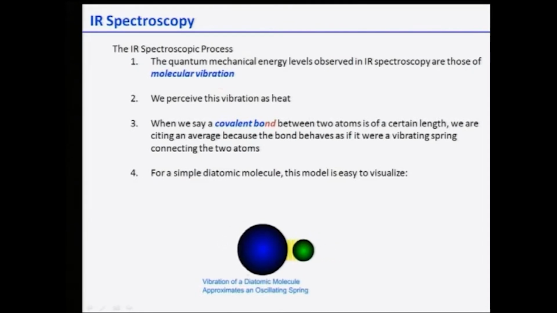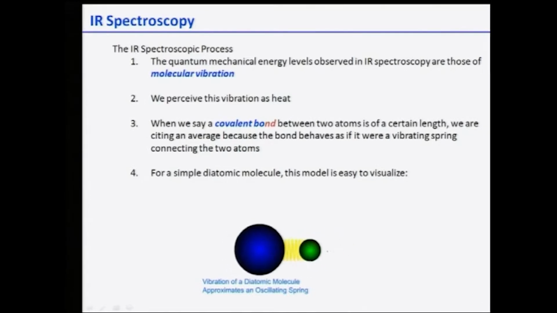Let us see the picture here. I have a big atom and a small atom. The bond between these two can be thought of as a vibrating spring connecting them. So atoms in a molecule are vibrating in a certain manner.